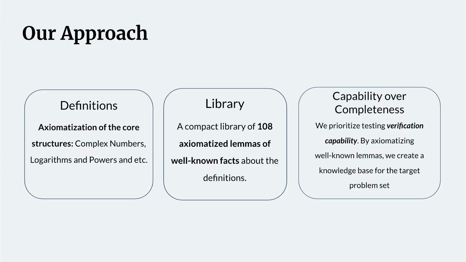But these lemmas are well-known facts, some translations from facts in mathlib about the concepts required to prove these problems. And then we prioritize capability over completeness. So we wanted to test whether it's in principle possible to verify these statements from these axioms, instead of being complete here.